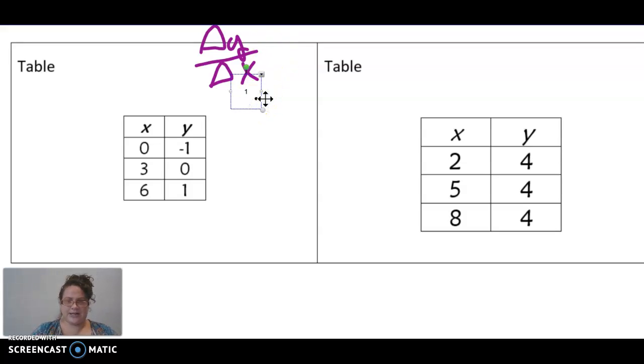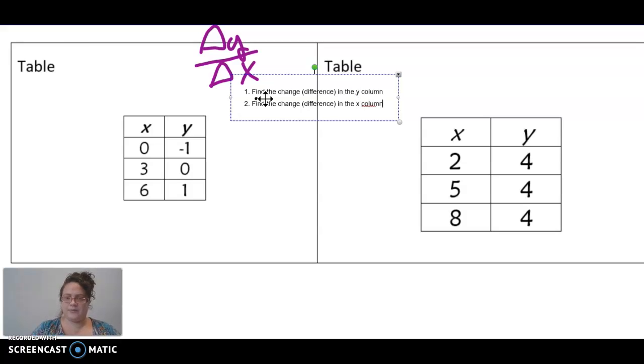Our first success criteria, or our first step, is we want to find the change or the difference in the y column, that second column. Then we want to find the change or the difference in the x column.